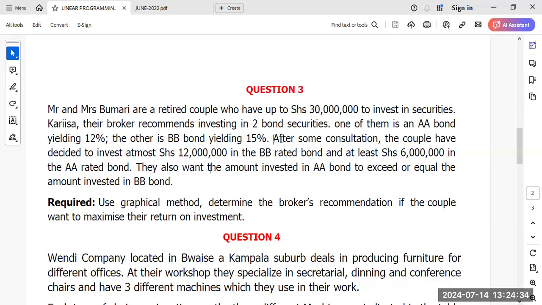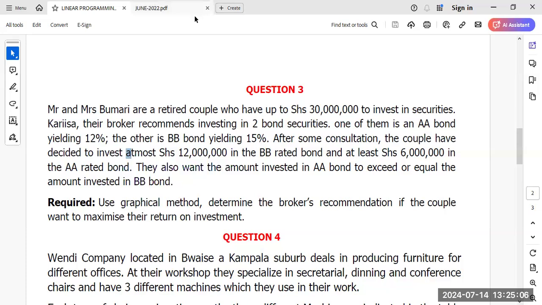After some consultation, the couple have decided to invest at most 12 million in a BB-rated bond. At most. And I said every time you see the words at most, immediately place an inequality there. That is a separate inequality. You cannot mix.